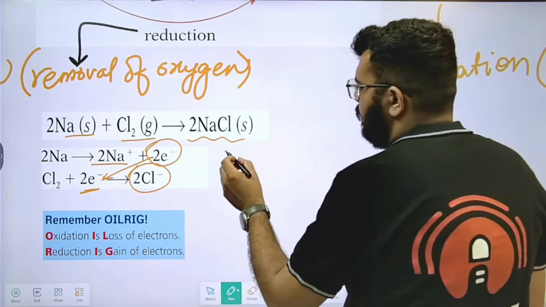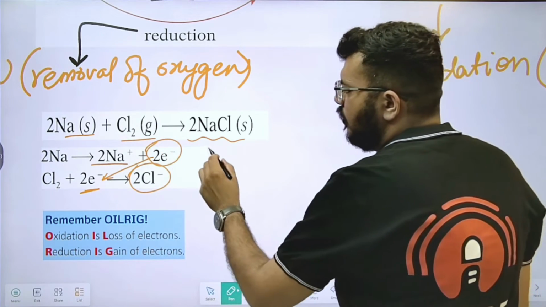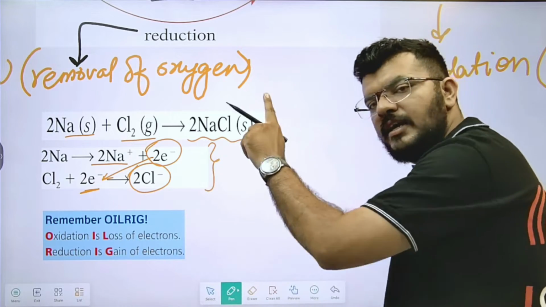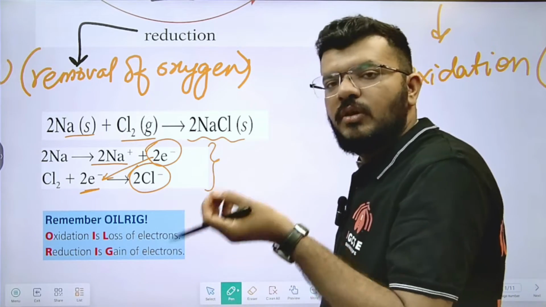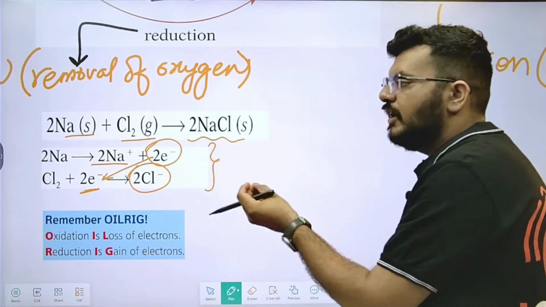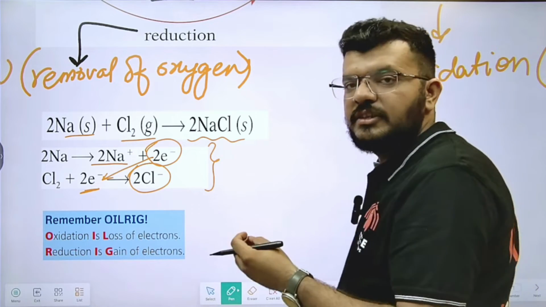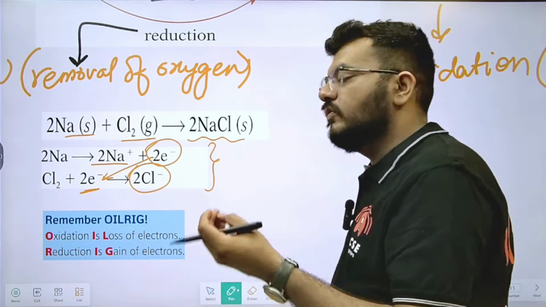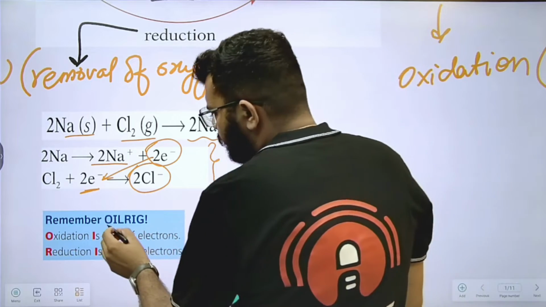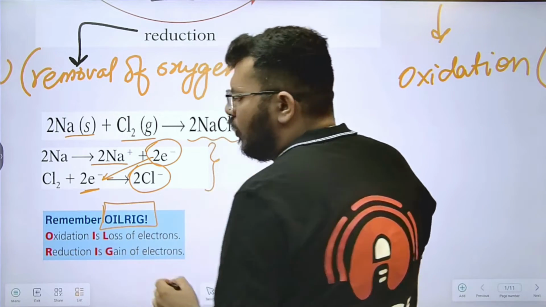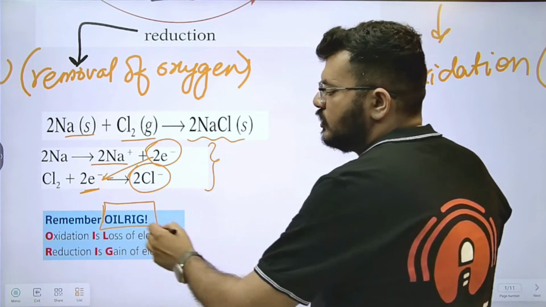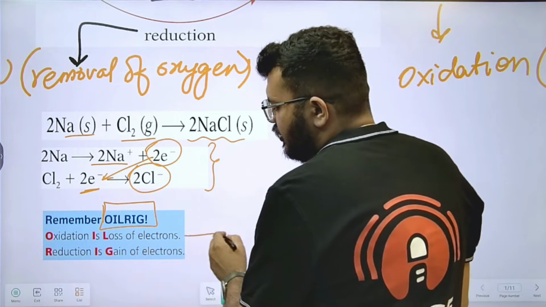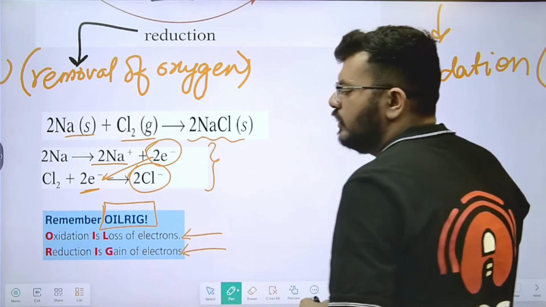Redox reactions can also be understood by transfer of electrons. You just have to remember OIL RIG: oxidation is loss of electrons and reduction is gain of electrons.